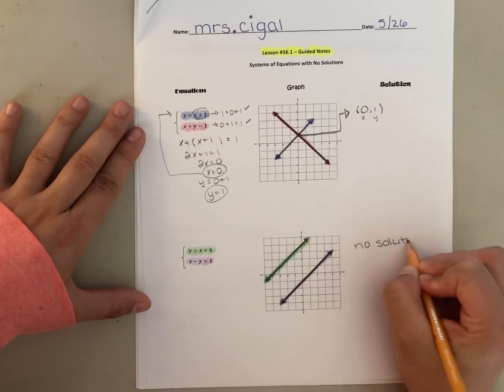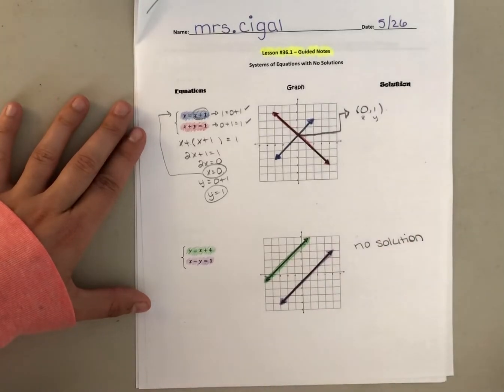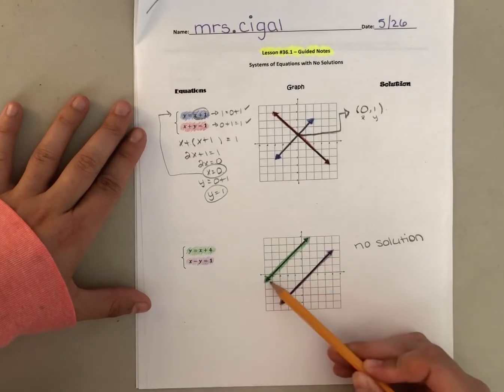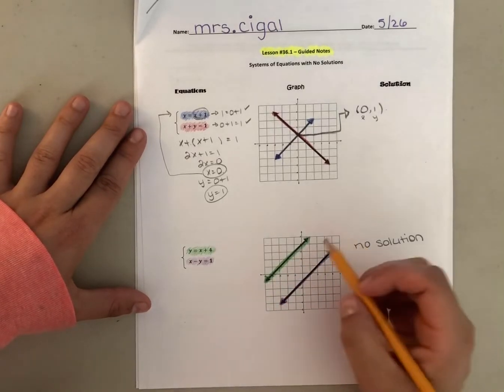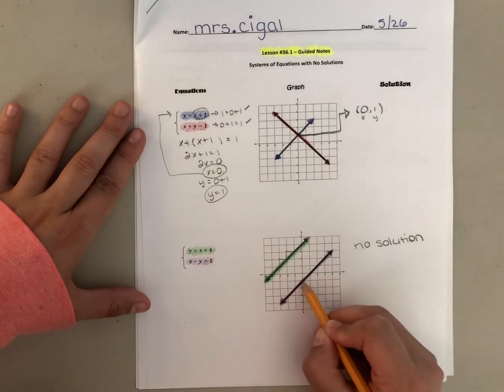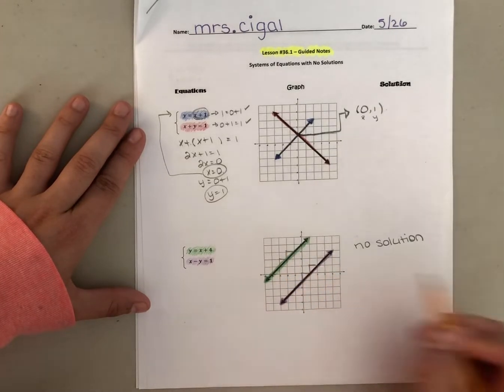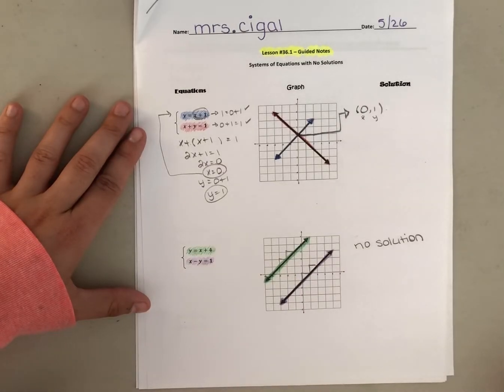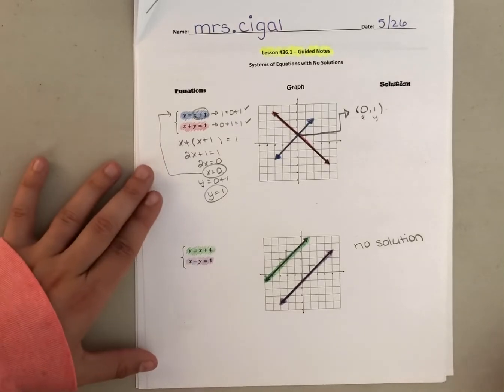It's just never going to happen. They're never going to be equal to each other. Graphically we can see that, right? It makes sense. These things are parallel. Their slopes are the same. This one's going up 1 over 1, up 1 over 1. This one's going up 1 over 1, up 1 over 1. So they have equal slopes. They will never cross.